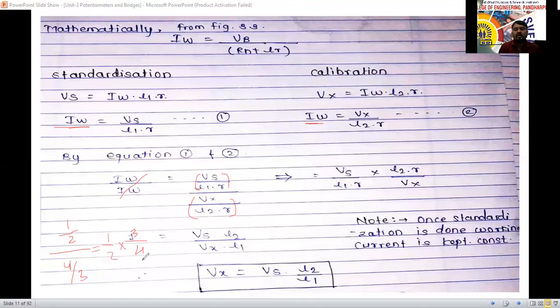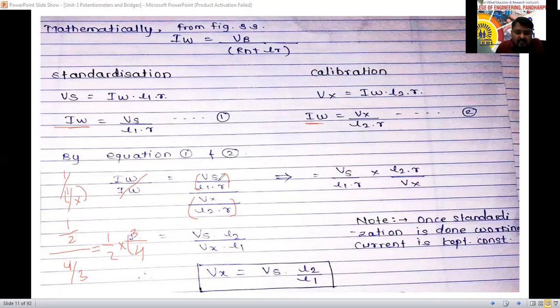Yes or no? Some say no, some say yes. So 1 divided by 1 by x is x only, and 1 divided by 1 by 2 is 2 only. Like that we have made this formula here.